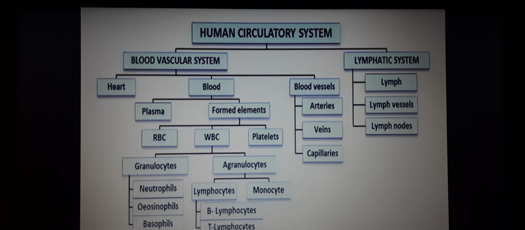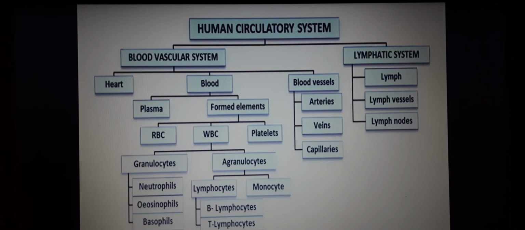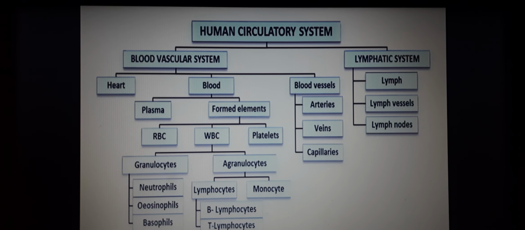Lymphocytes are very important, because they are B lymphocytes and T lymphocytes, which mainly form our immune system. Whenever a person is affected by a virus called HIV, that is human immunodeficiency virus.